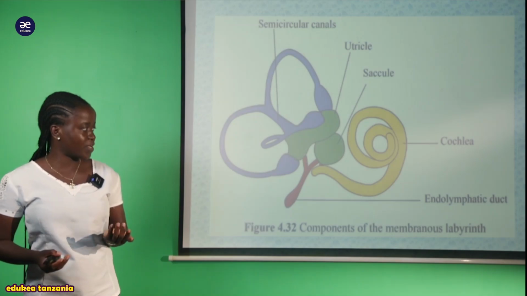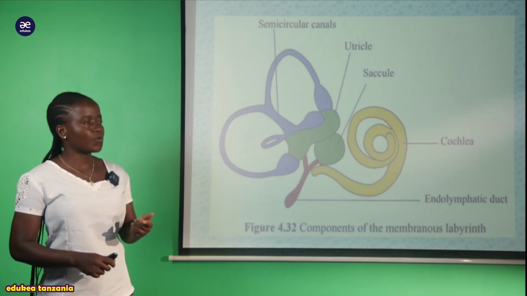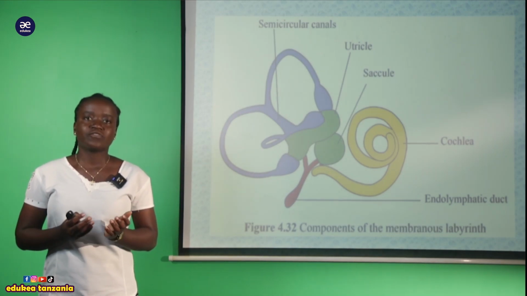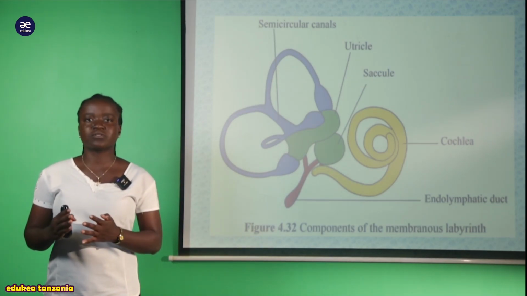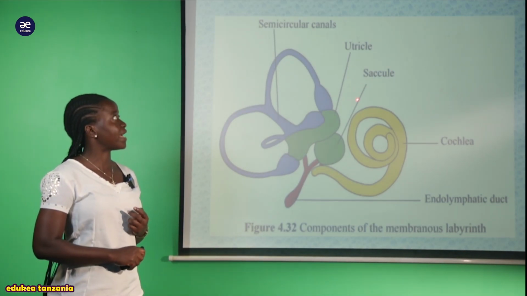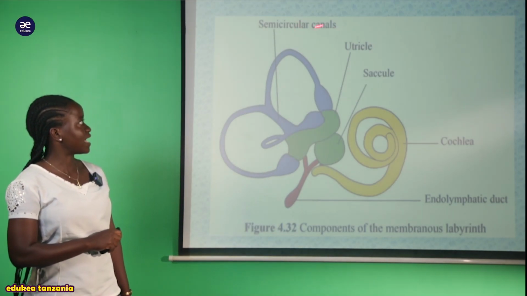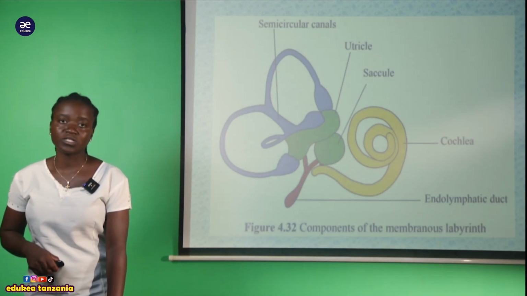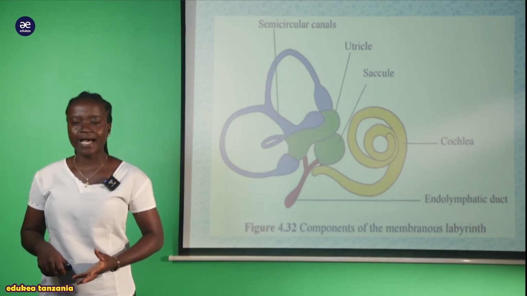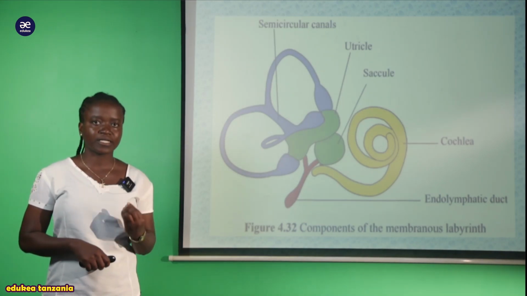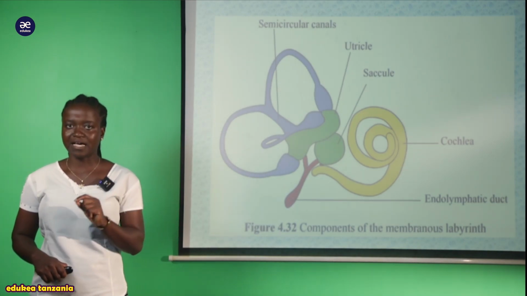And also within it is where we can find the endolymphatic duct, and the vestibuli are found there. When we talk about the vestibuli, remember we are talking about the utricles together with the saculi. And also we have three semicircular ducts. The first is called the anterior duct or anterior canal, then the posterior canal together with the horizontal canal. So those are the structures or components of the membranous labyrinth.